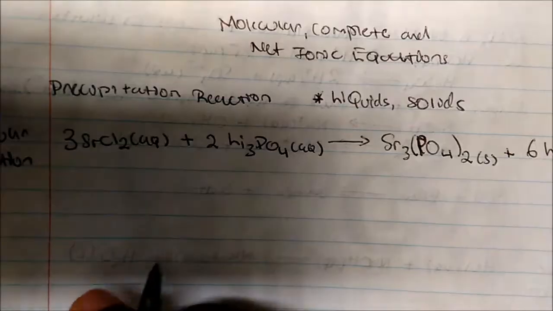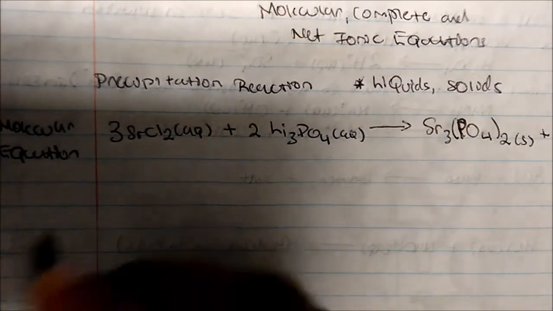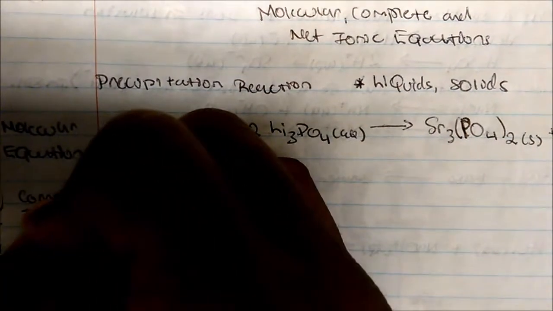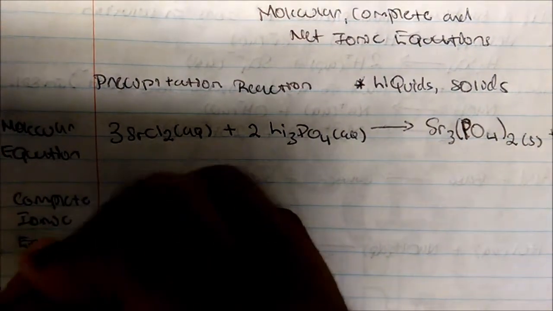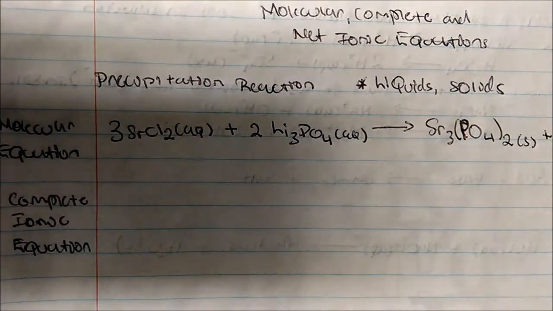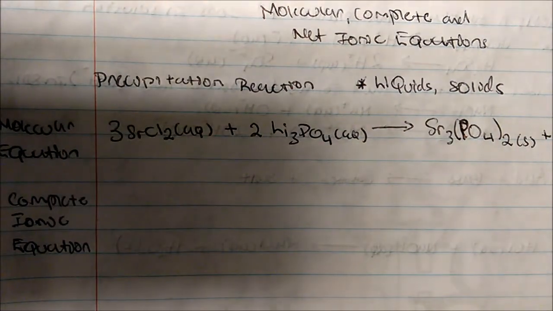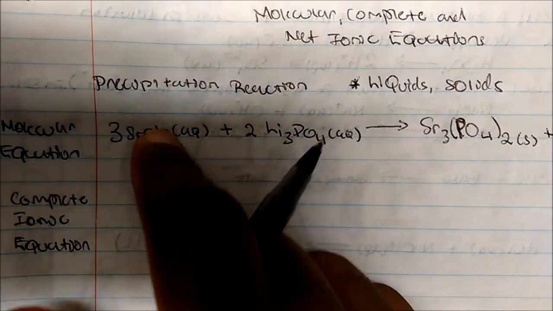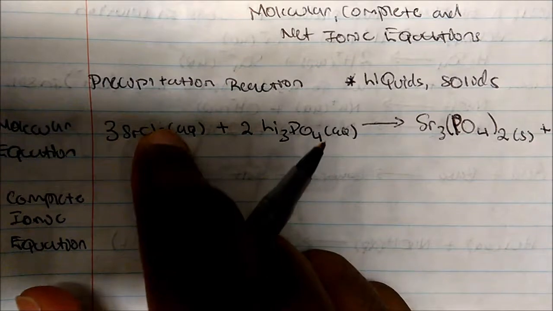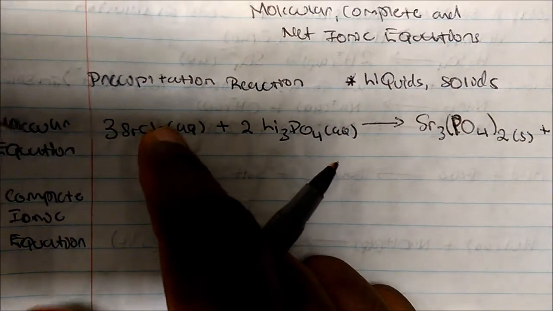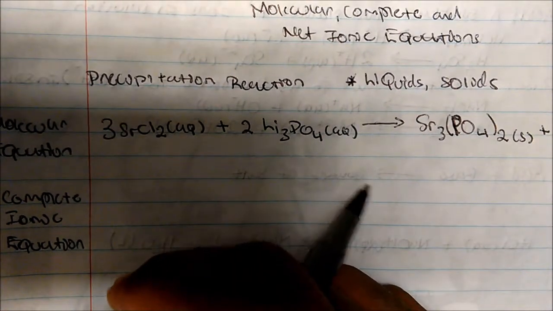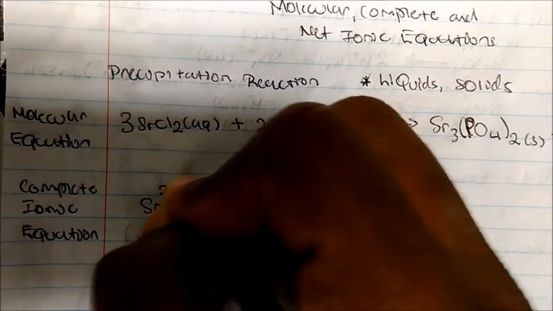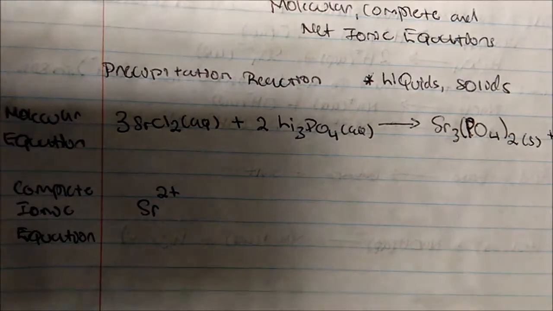Okay, so let's say this happens to be our complete ionic equation. If I look at this, I know chlorine has a negative charge. Well, this has a 2, so by our uncrisscross rule, Sr has to have a 2 plus charge. So we know this is Sr2+, but what's the coefficient in front of it?